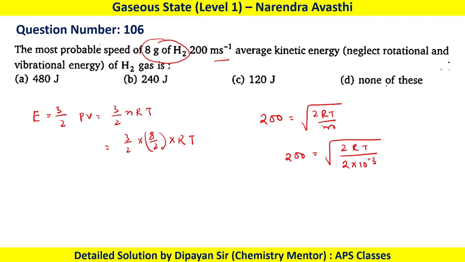From here we calculate the value of RT, which is going to be 40. Now we can put this 40 value here, and the final value will become 240 joule. Okay, so option B will be the correct option.